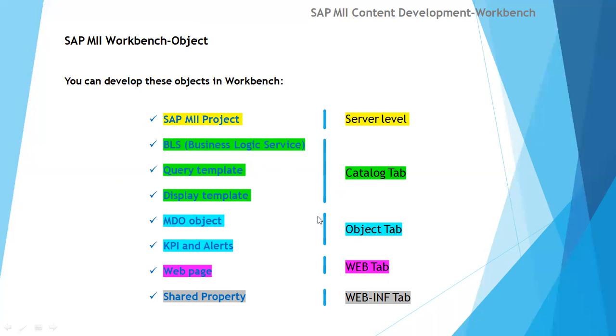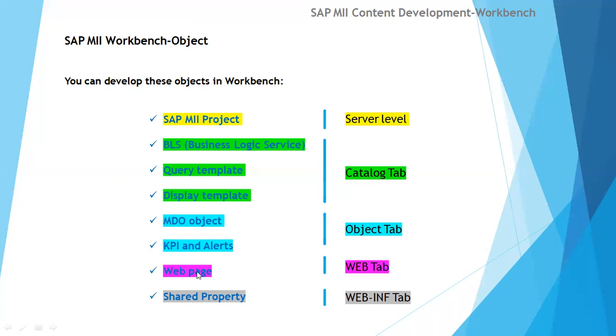MDO objects, KPI and alert. Whenever you create an MDO object, KPI or alert, it needs to be created only in the object tab. You will not be allowed to create MDO, KPI or alert in any tab other than the object tab.